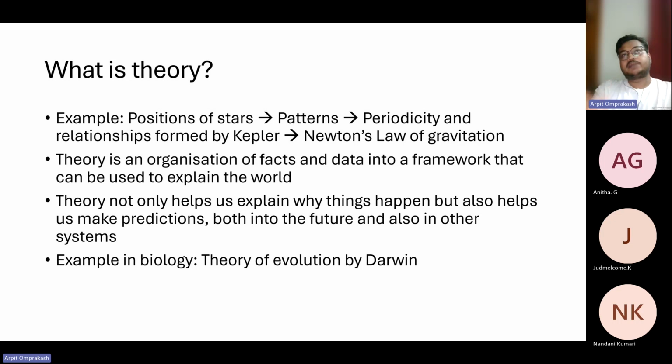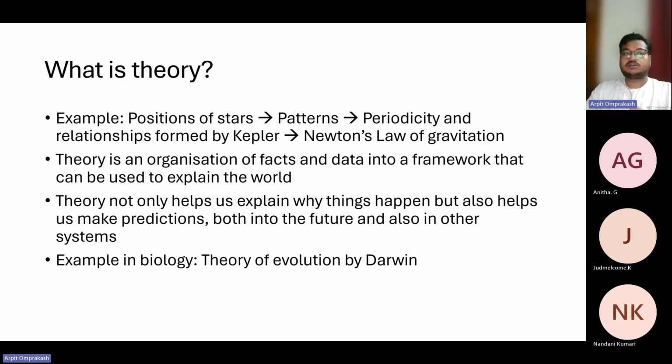So the main idea here is that we generally have observations in science, and from those observations we try and elucidate some patterns, which gives us some hint. And after thinking about it, doing some experiments and trying to make some predictions, some scientists put forward something called a theory, which basically is a mechanistic framework of why things are happening.